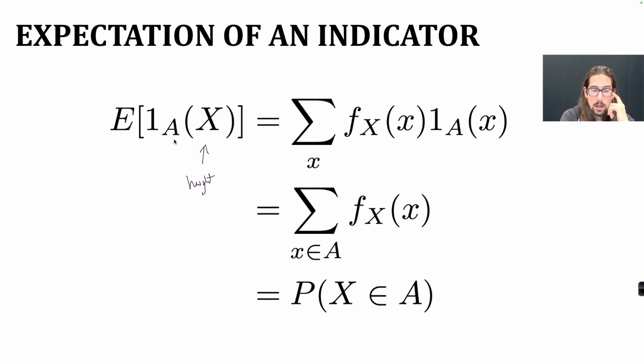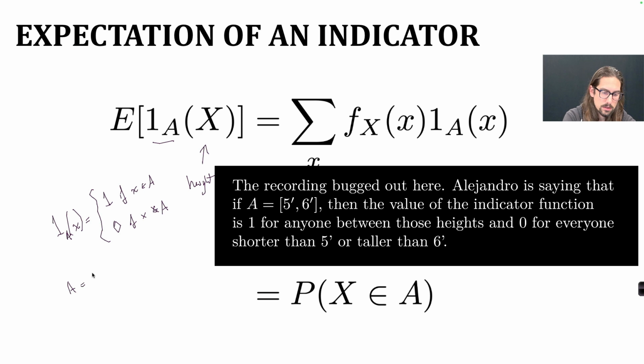So there's this transformation, an indicator function, that, remember, says return the value 1 if x is in the set A, and 0 if x is not in that set A. So for example, we could say A were, let's say, between 5 feet and 6 feet.